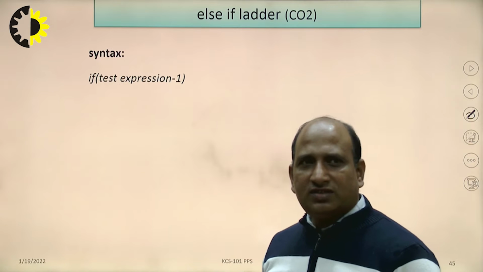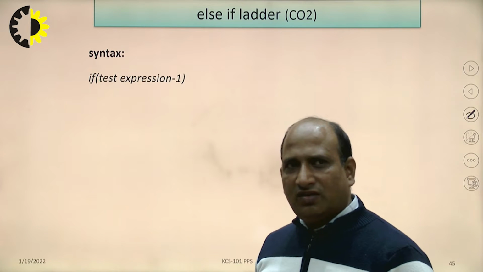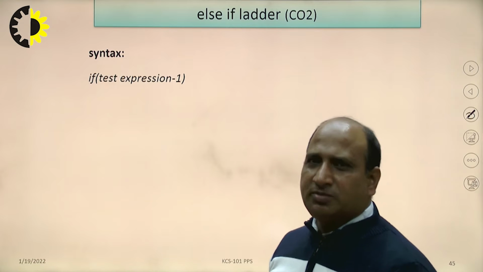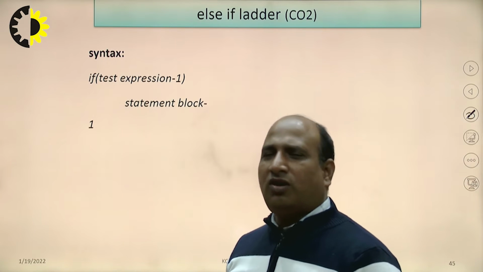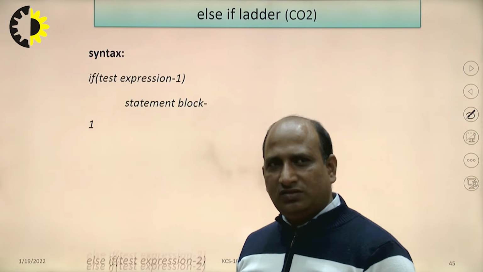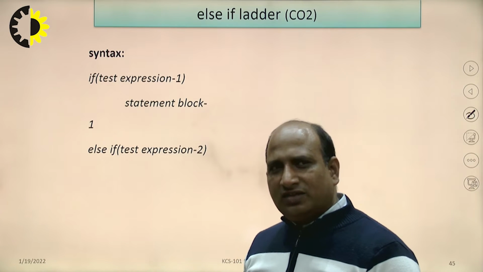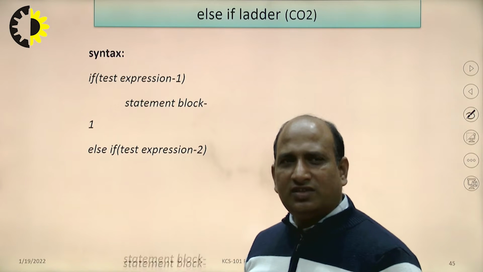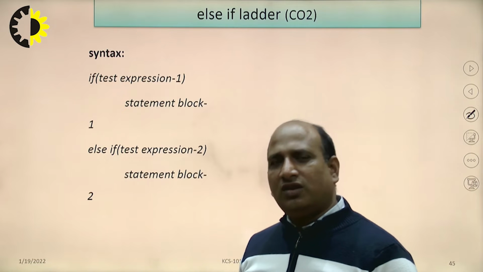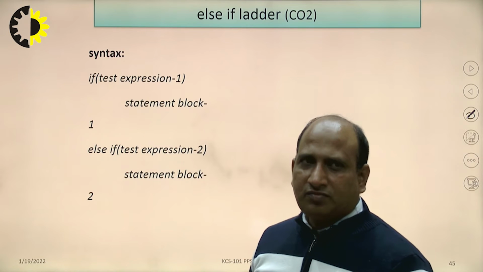We first check the test expression. Let's say I have a test expression 1. If it is true, statement block 1 will execute. Otherwise, test expression 2 will be evaluated, and if it is true, statement block 2 will execute.